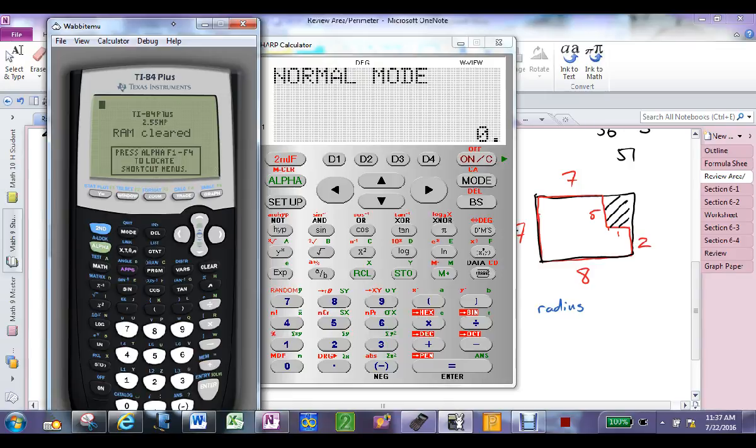To use those, you either hit the pi button or you hit second or shift and that button.